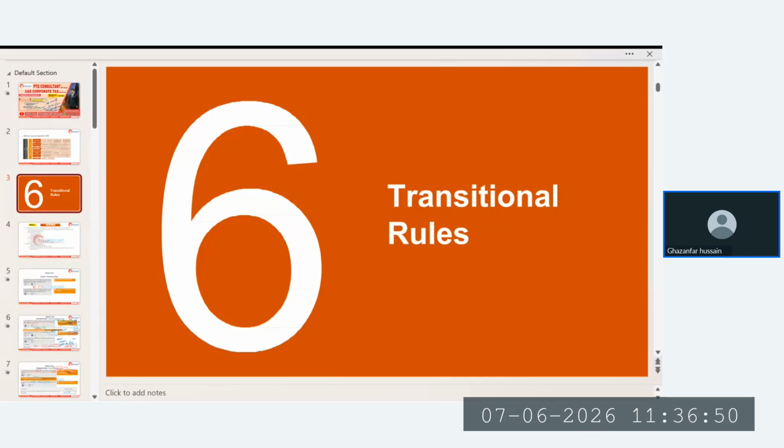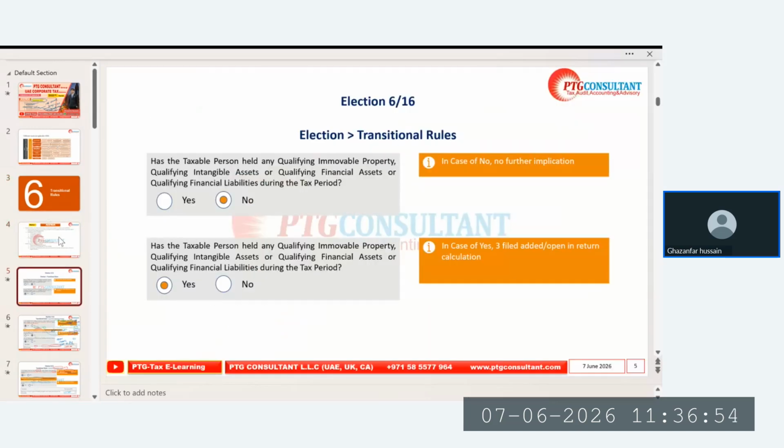Let me go through a quick overview. First, we have to make the election. The election concerns the qualifying immovable property. These immovable properties are the assets of the organization. Normally, what is the property definition?